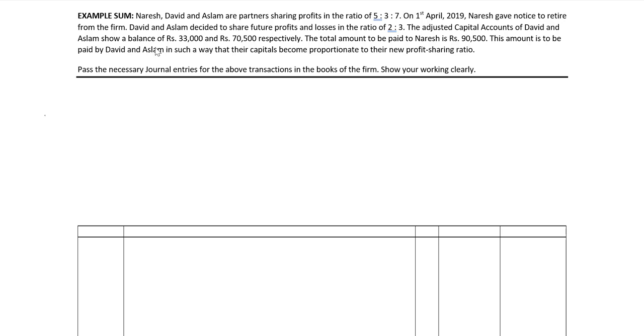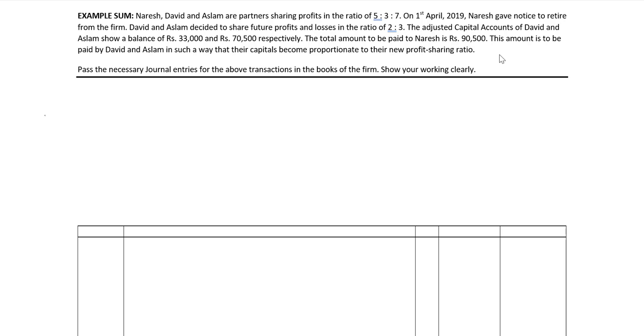Example sum. Naresh, David and Aslam are partners sharing profits in the ratio of 5:3:7. On 1st April 2019, Naresh gave notice to retire from the firm. David and Aslam decided to share future profits and losses in the ratio of 2:3.